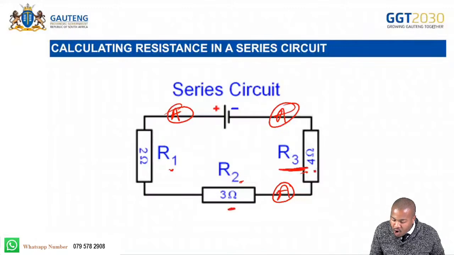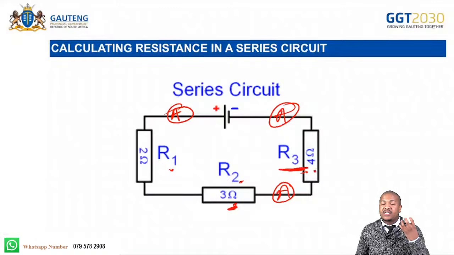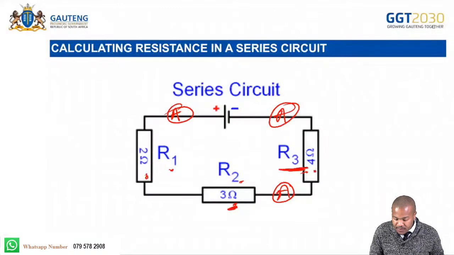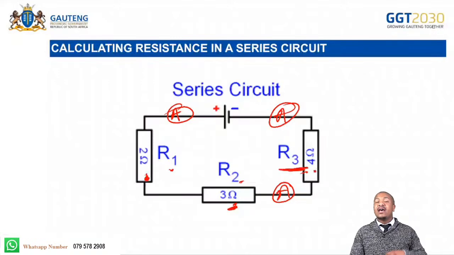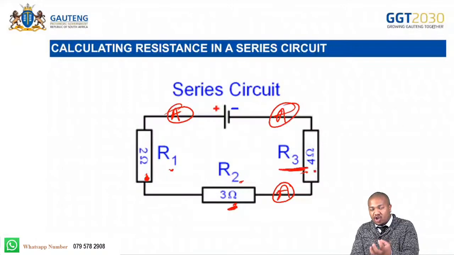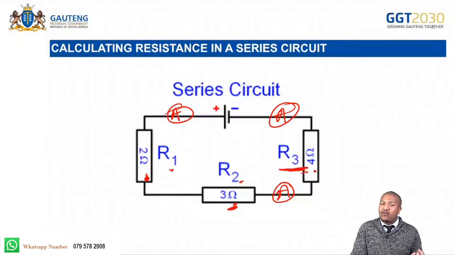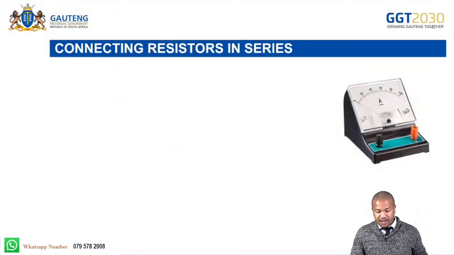Also more voltage will be passing on resistor 2 because of its 3 ohms of resistance, right? Then less voltage will be passing on resistor 1 because its resistance is 2 ohms, right? So the higher the resistance, the more the voltage will be passing through that resistor. The lower the resistance, the lesser the voltage that will be passing through that resistor, right?